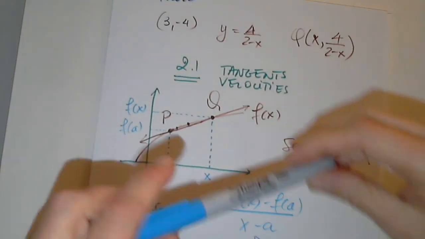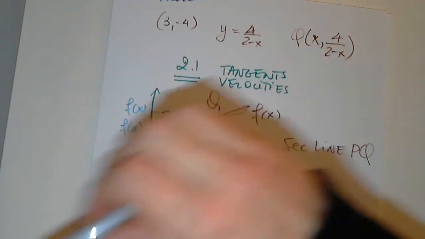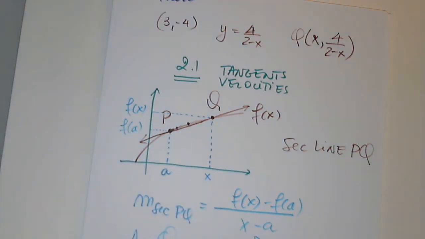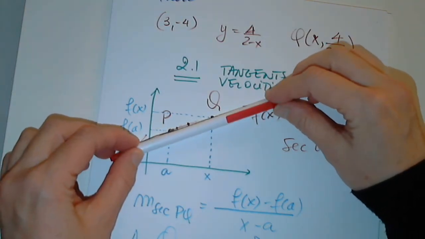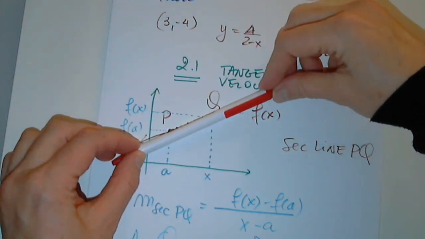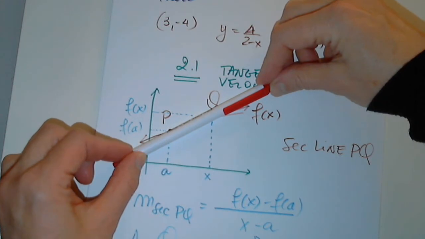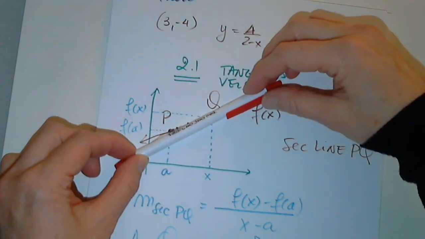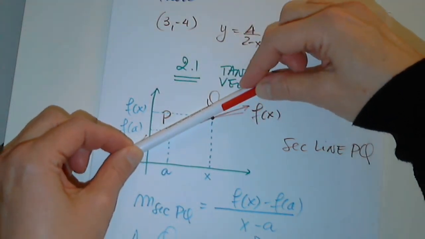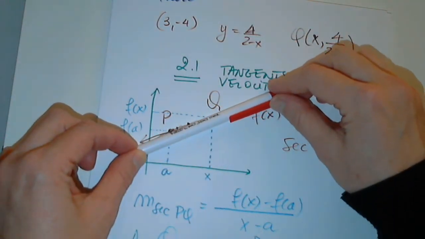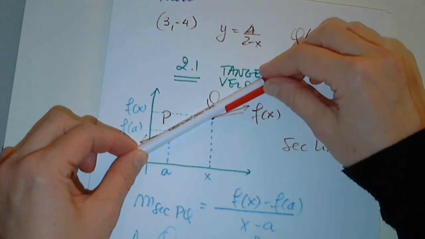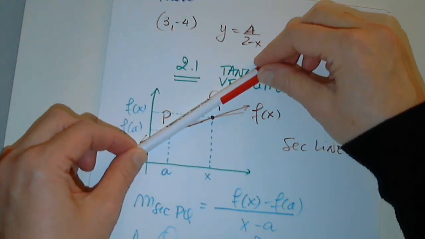So initially I had this. Let me try something thinner. So initially I had this, and then I have this, then I have this, and as Q gets closer and closer to P, I have this. So initially it was this, then this, then this, then this.